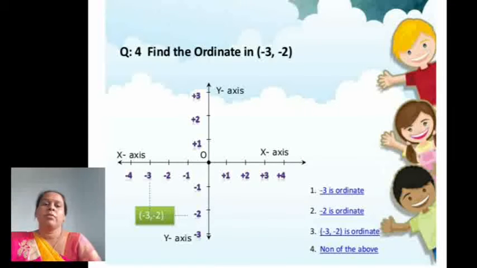Whenever the point is given, positive or negative, distance is always positive. If you consider only ordinate, at that time it is 2, but when you consider distance, how many units long it is, at that time you have to consider the positive one.